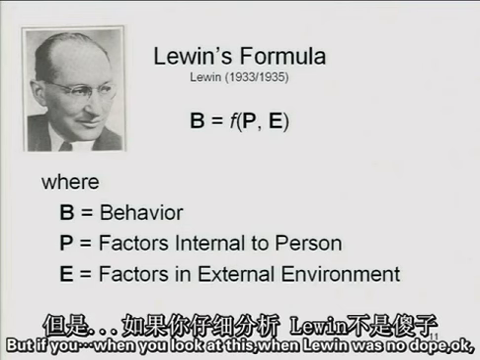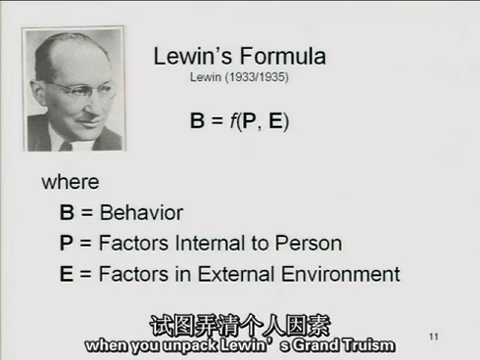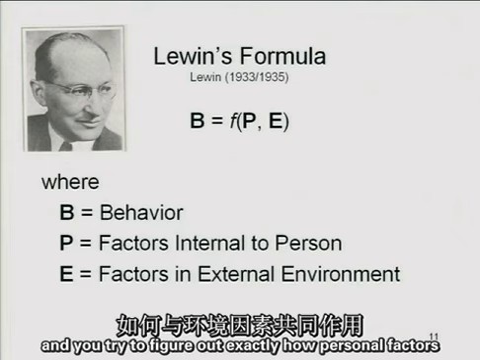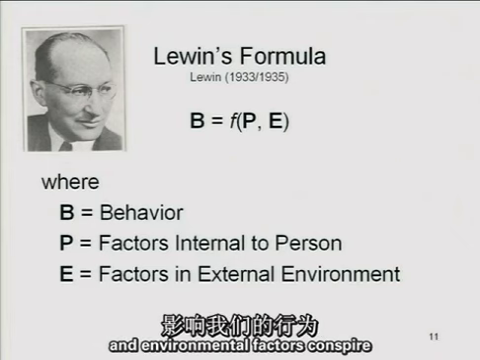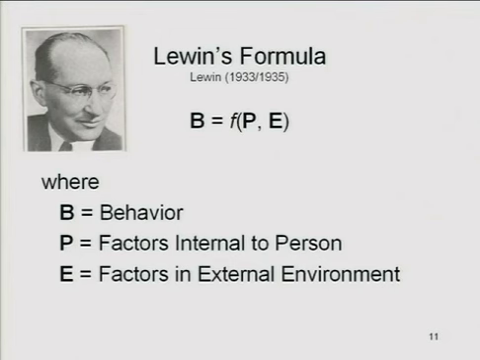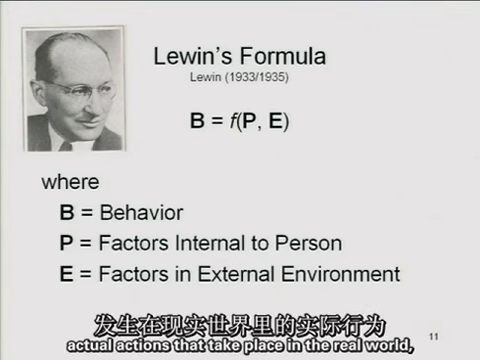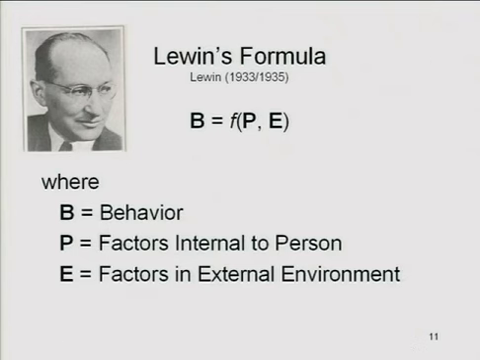But when you look at this, I mean, Lewin was no dope, okay? He was not a lazy thinker. What's interesting is what happens when you unpack Lewin's grand truism and you try to figure out exactly how personal factors and environmental factors conspire to get us to behave the way we do. So here, B refers to overt behavior, actual actions that take place in the real world.